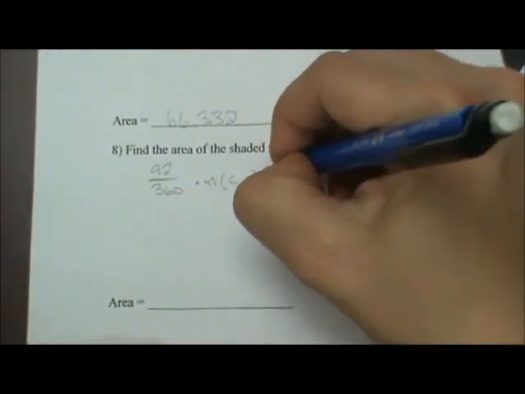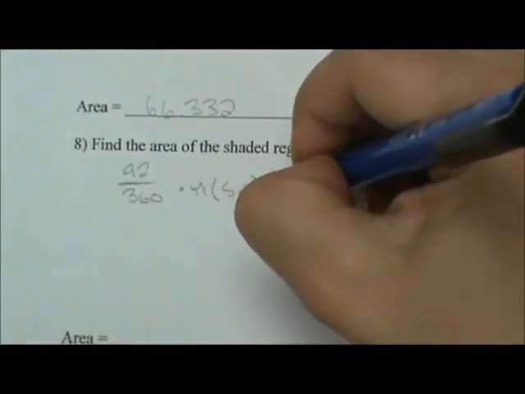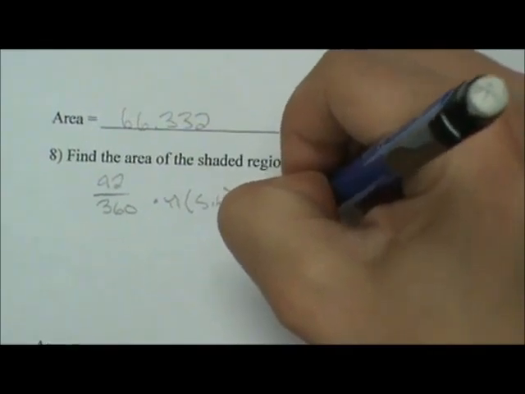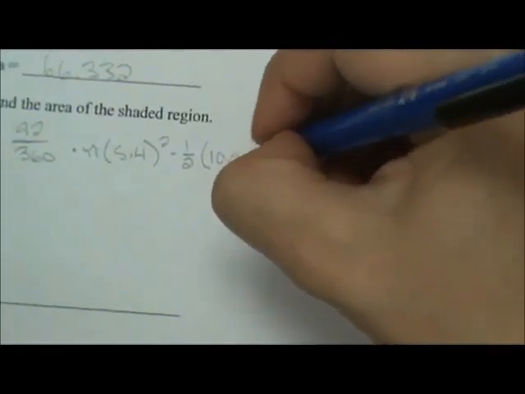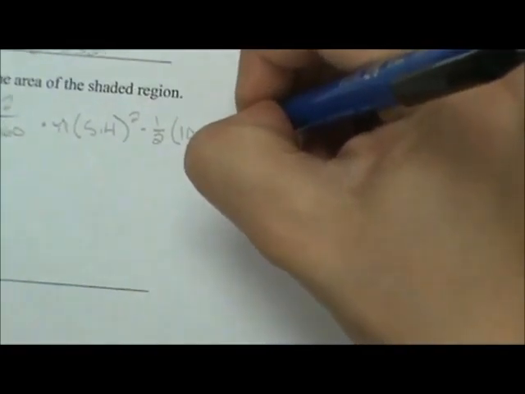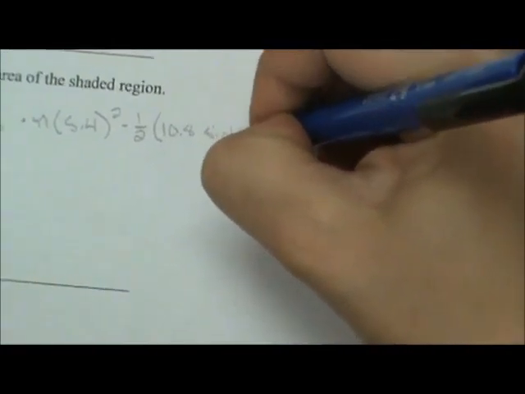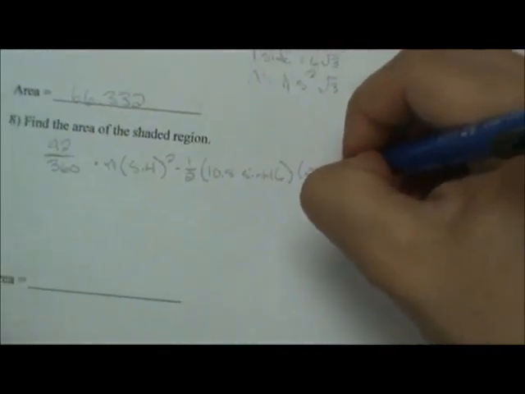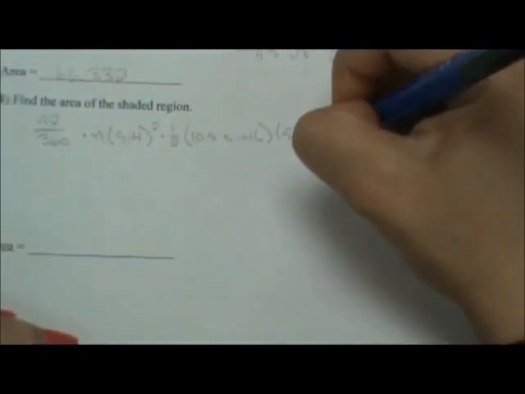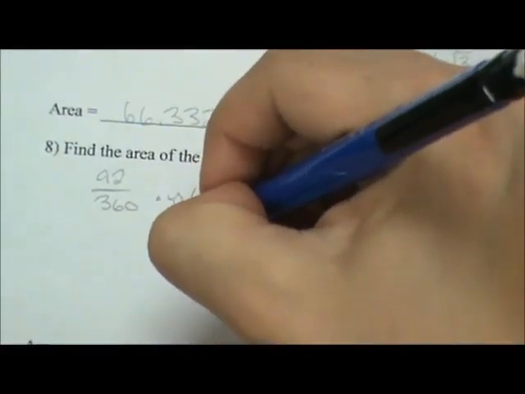After we do what we did in number 7, dropping the altitude to make it a right triangle, we're going to get x to be equal to about 2.7. Then we're going to double that, so it's going to be 5.4 cosine 46.